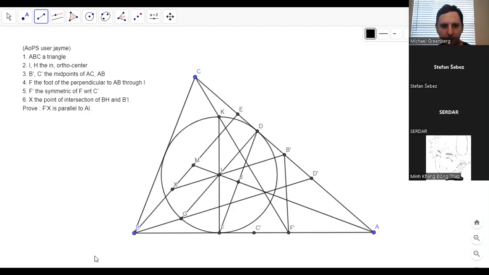So BX is equal to the inradius, right? Because BX is equal to IG. And XM, so we want to show that the radius over XM is equal to BF prime over F prime A, which is the same as AF over FB.